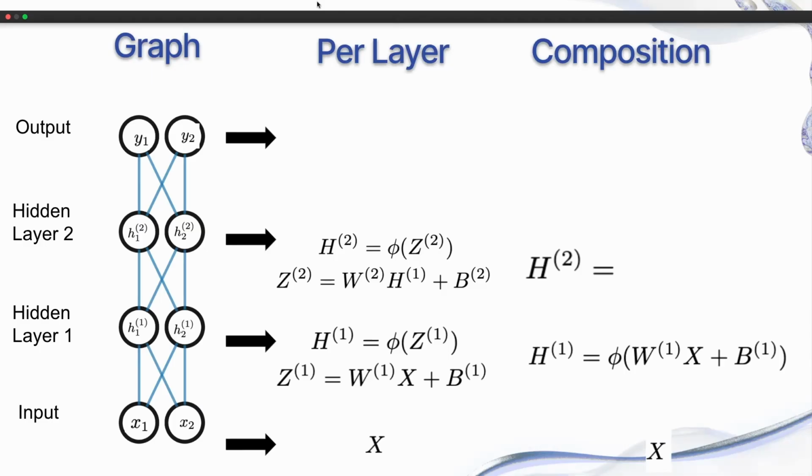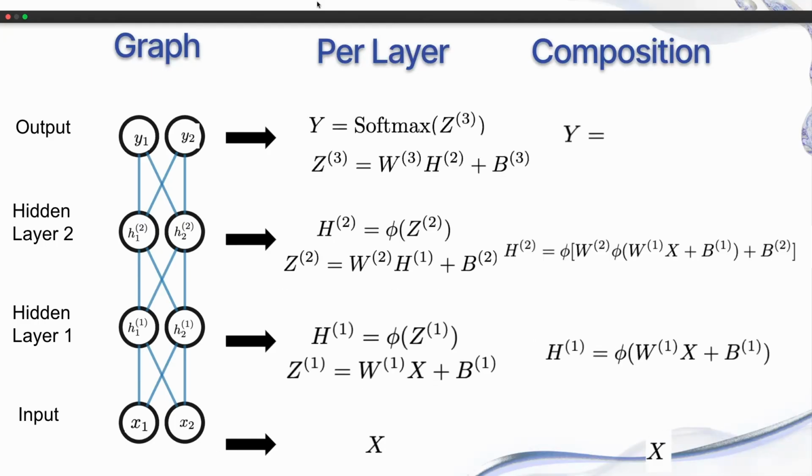The activation function of W2 times the activation function of W1 X plus B1, plus B2. Yeah, that's correct. So activation function of W2 times the activation function of W1 X plus B1 wrapped, plus B2.